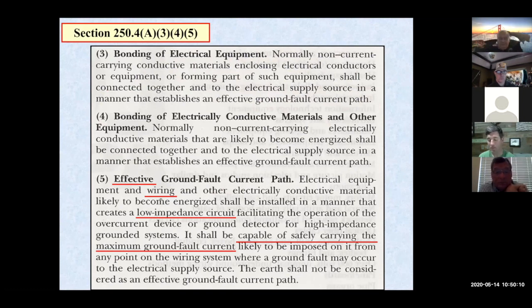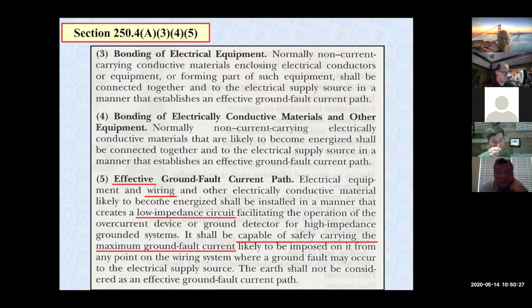And the main thing about the whole story is number 5, effective ground fault current path. Remember that path we drew a while ago from the appliance back to the transformer, actually back through the panel and the transformer.